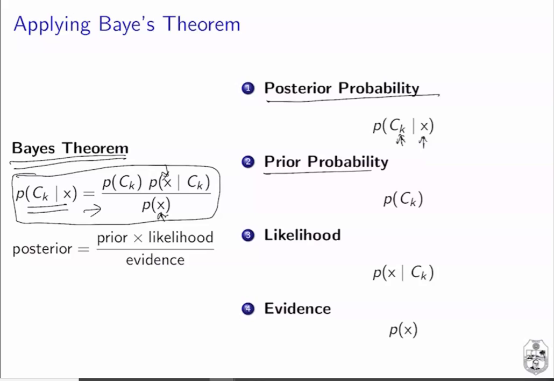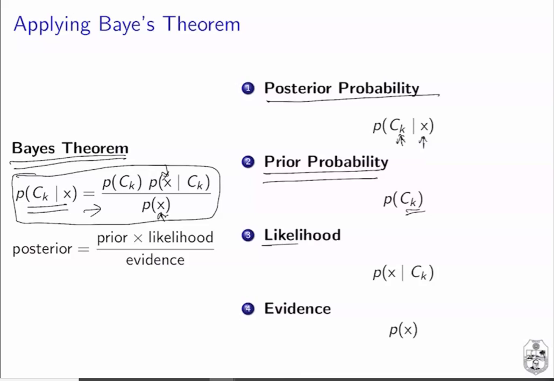The prior probability is the probability that a randomly selected observation belongs to the class CK, and this is the unconditional probability, also called the a priori probability.